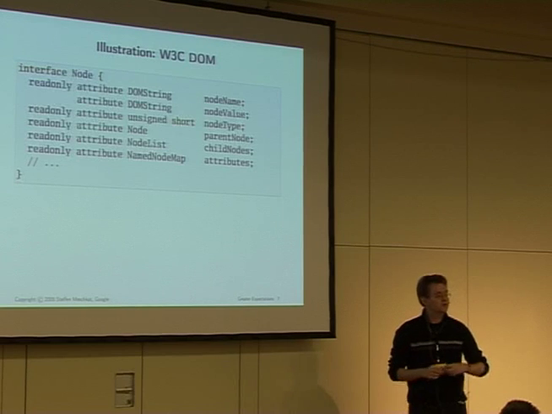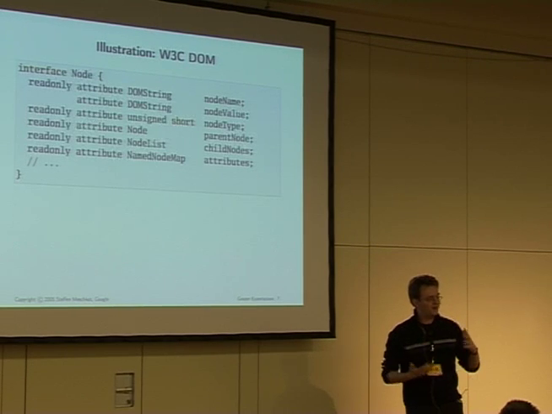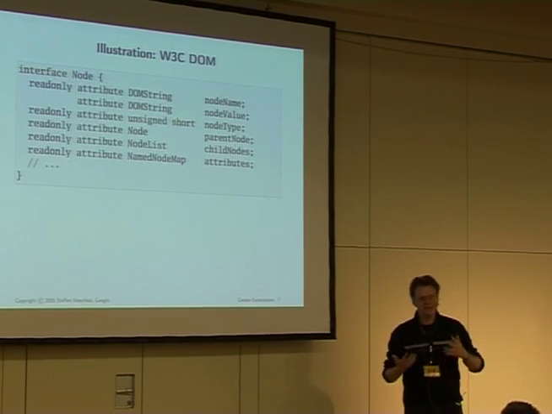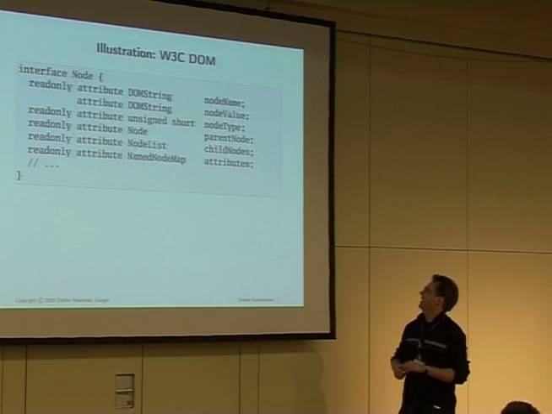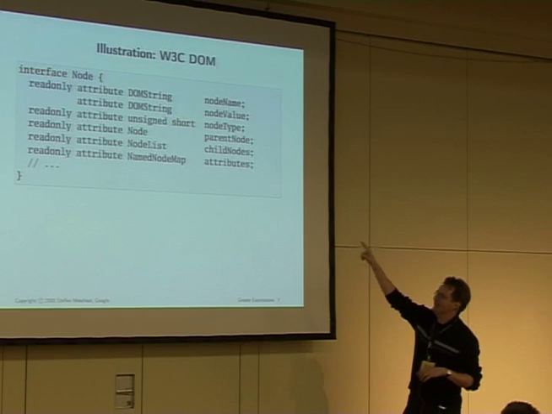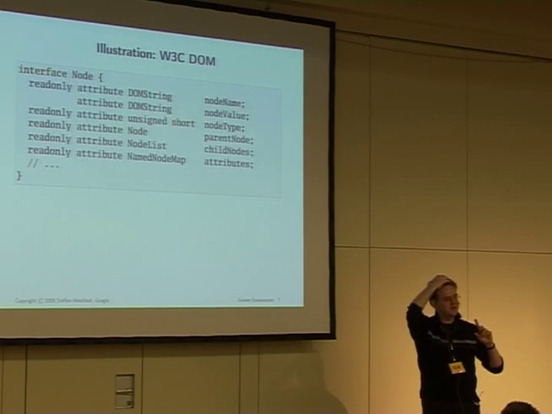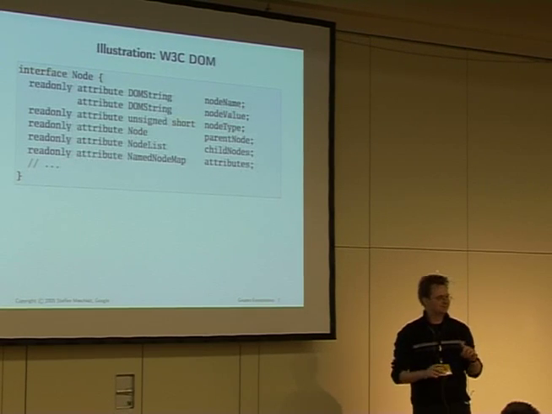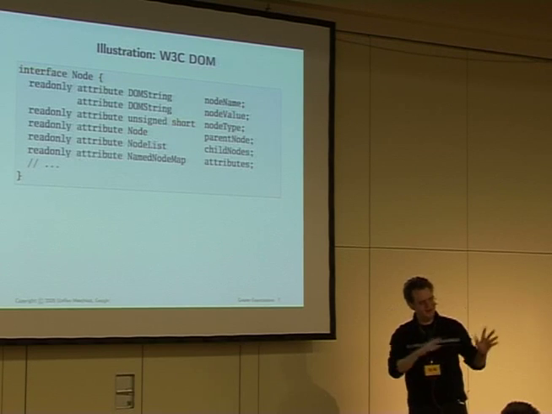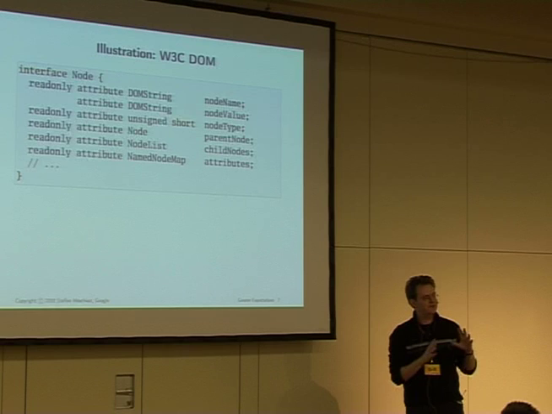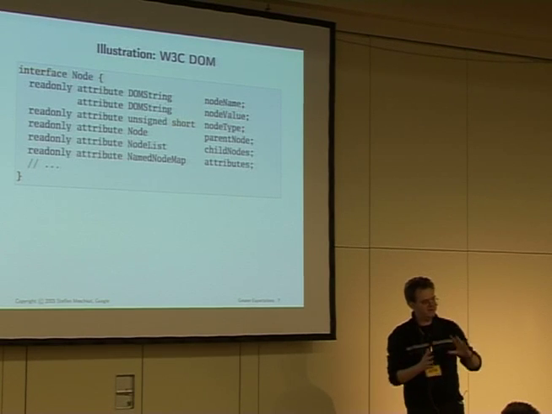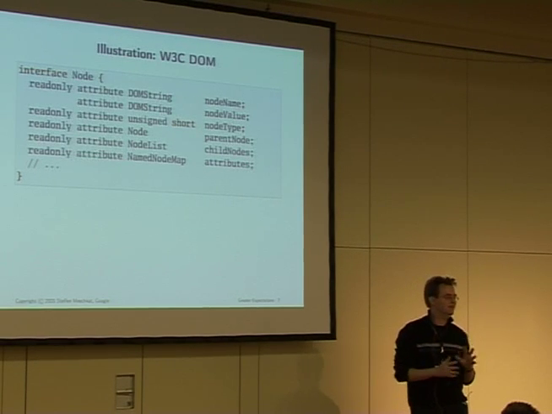And those children are called, like the parent node, child nodes. That is, the collection of the children is called child nodes. And now the last thing is, if a node happens to be an element, which not all nodes are, there are other nodes, but some of these nodes are element nodes, and those elements have attributes, or HTML elements have attributes, and attributes are also represented as nodes.